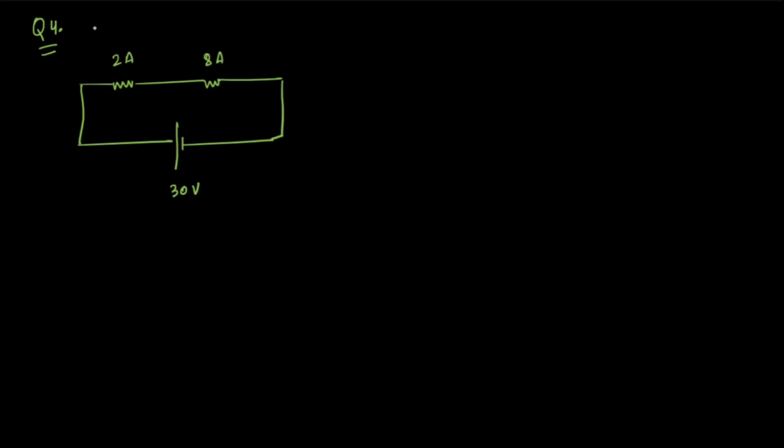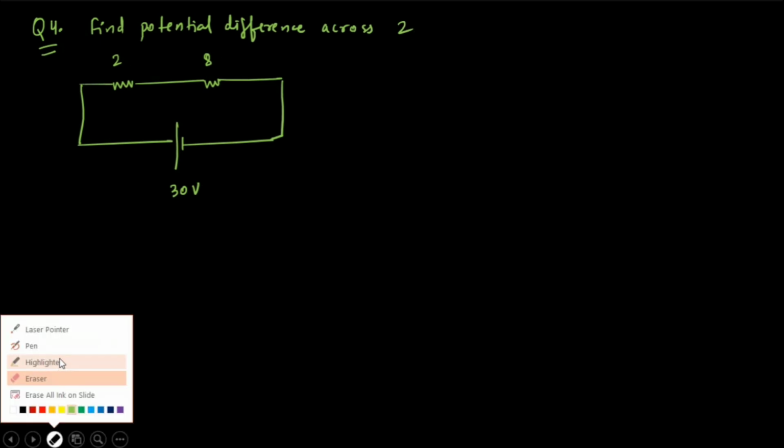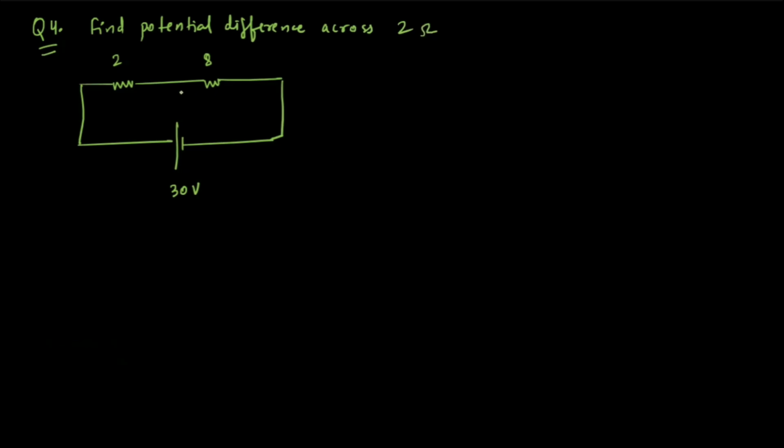The question is to find the potential difference across the 2 ohm resistor. Sorry, I said amperes earlier; it should be ohms. So try it out. Tell me the value of potential difference across the 2 ohm resistance.